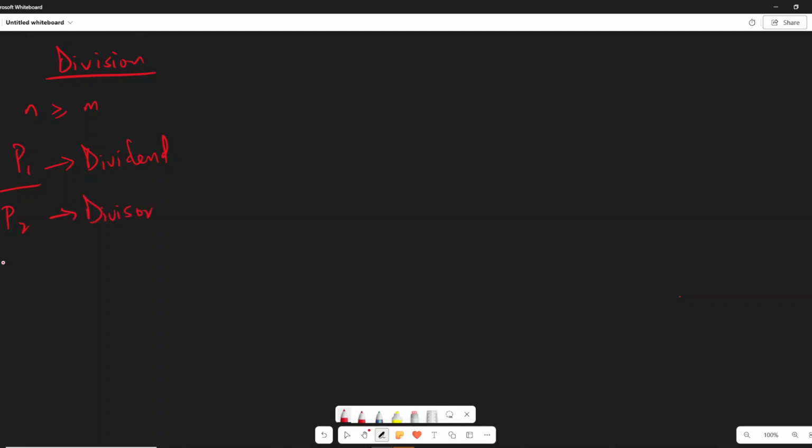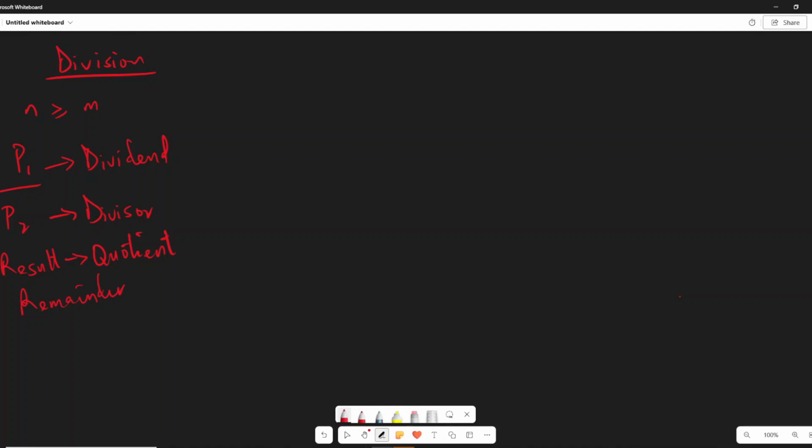Right? The result we get from this division will be called the quotient, and anything that is left after this division is called the remainder. Okay, so we have also the remainder, anything that is left after this division.